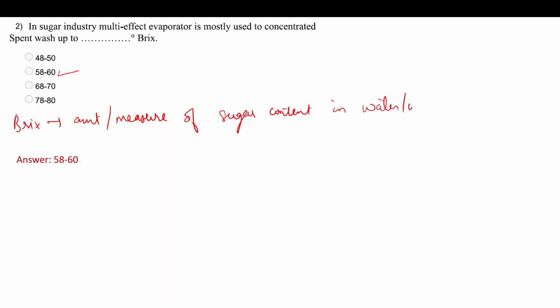If you look into the definition of brix, it is the measure, not amount, the measure of the sugar content in water or wash water. Initially it is very dilute, around 14% or so. And later you concentrate it to 58 to 60 degree so that you can have further usage of it.